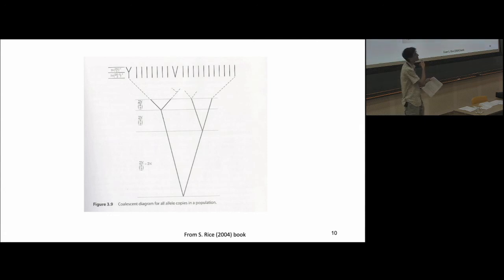And so to accurately estimate their frequency, you need quite dense sampling across the top of this tree. But if you're just trying to get an overall picture of heterozygosity, you don't necessarily need that. So it depends a little bit on what your question is. You get power to ask a different kind of question if you've done this dense sampling, because you're getting a better reflection of what's happening in more recent time.